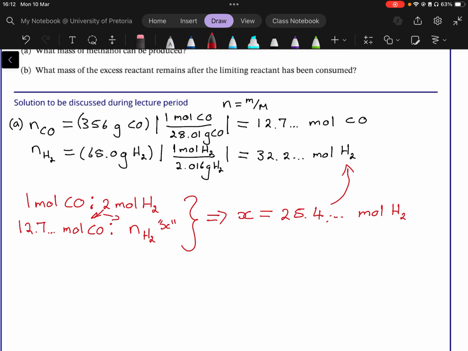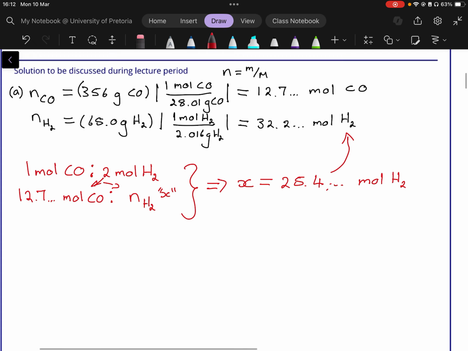Do you agree that 32.2 mole hydrogen is more than 25.4 mole hydrogen? Indeed it is, right? So from this calculation that we did here, our hydrogen is in excess.